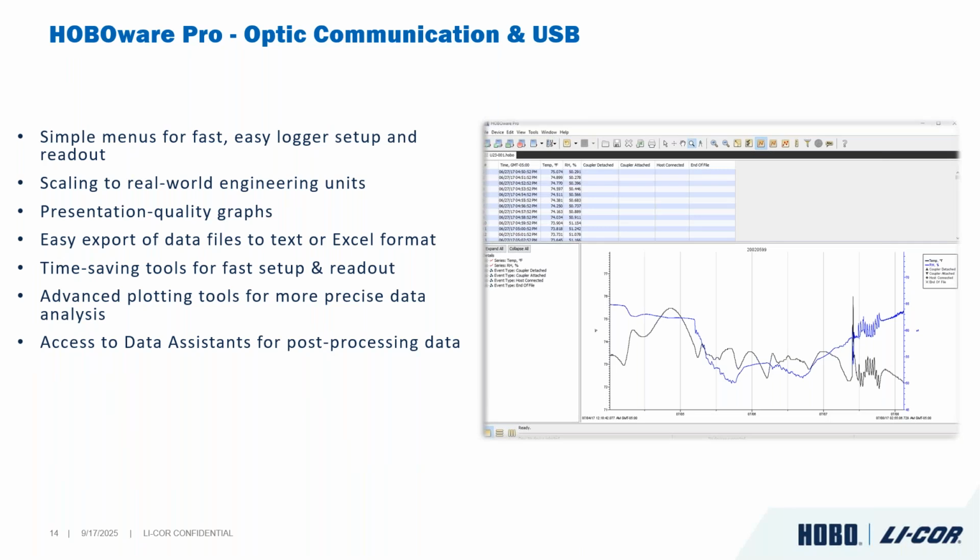It's going to allow you to scale to real world engineering units, so you have the ability to put in the specific units based off of your specific job. You're going to get presentation quality graphs, and it's going to be extremely easy to export that data to an Excel file or text via email.